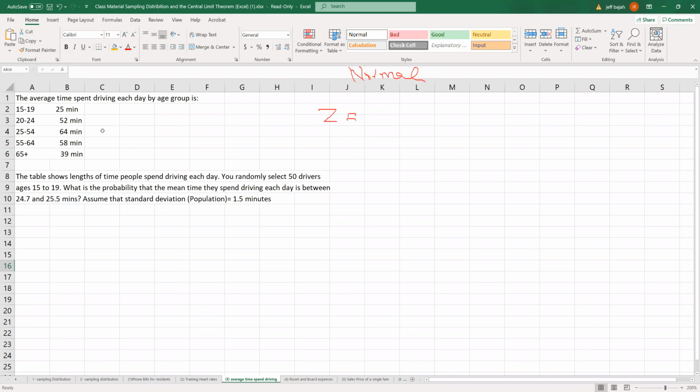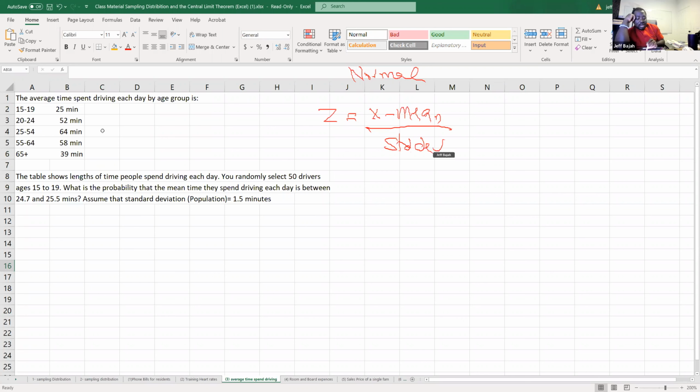Is there going to be a normal inverse? No, normal inverse is when you're finding the value of X. Is it Z equals score minus mean divided by standard deviation? So value minus mean, divided by standard deviation.